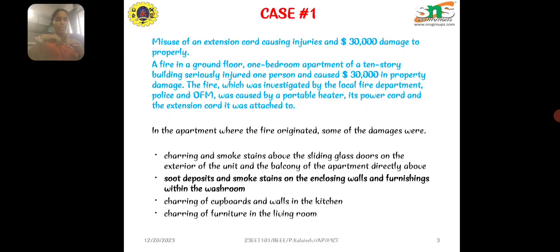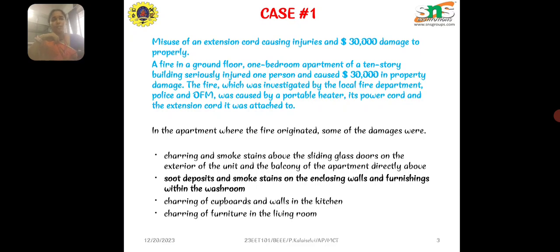A fire started on the ground floor in a one-bedroom apartment of a 10-story building, seriously injured one person, and damaged $30,000 worth of property. The fire was investigated by the police officer and the local fire department.